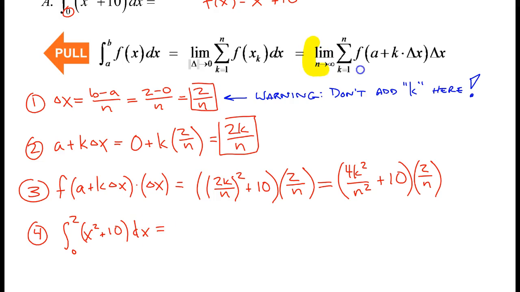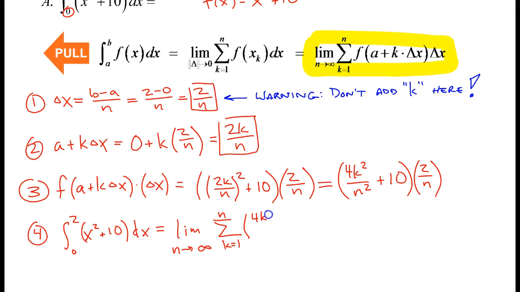It equals this thing right here, except I'm going to substitute in this for the right hand side after the sigma notation. So this is the limit as n goes to infinity of the sum from k equals 1 to n of 4k squared over n squared plus 10 times 2 over n. That's your final answer, folks.